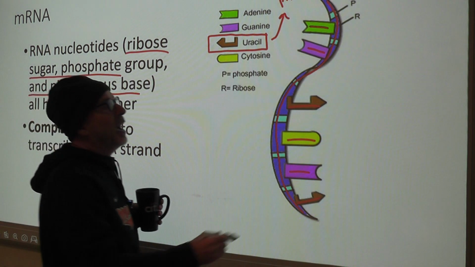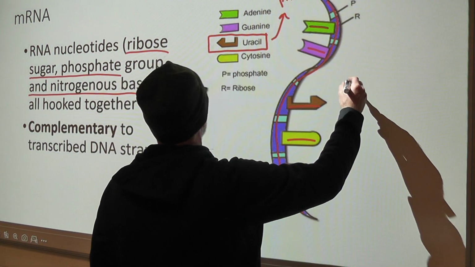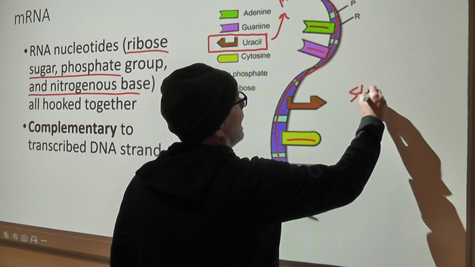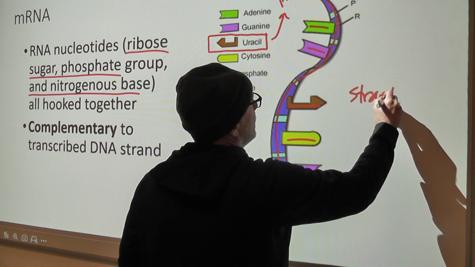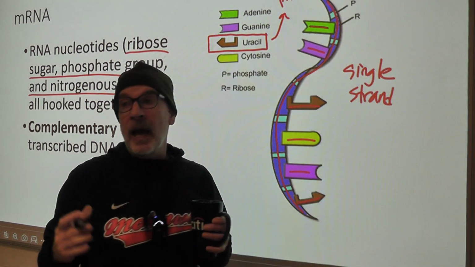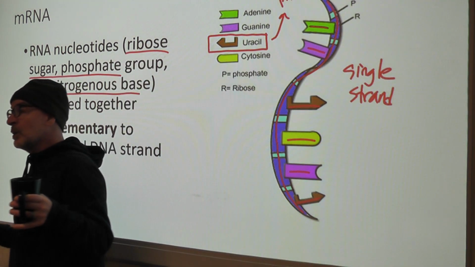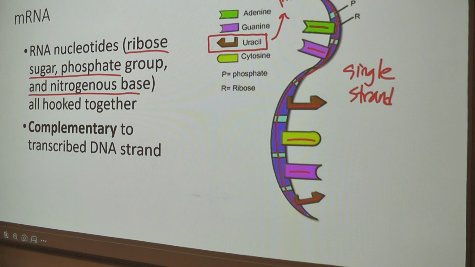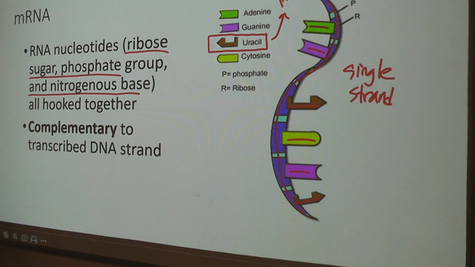And the other thing about messenger RNA and RNA in general is that it typically occurs as a single strand. So DNA chemically will stick together and make a double helix. When you have one strand of DNA, it's unstable, but when it's attached to another complementary strand, it's super stable.